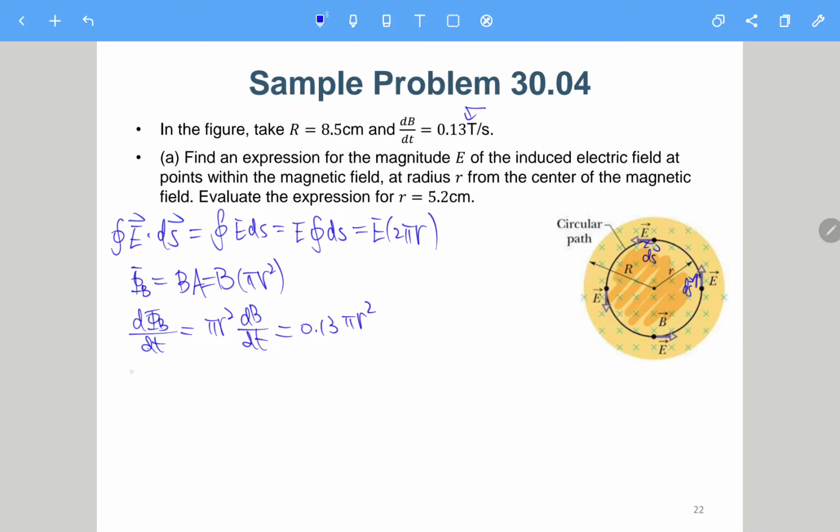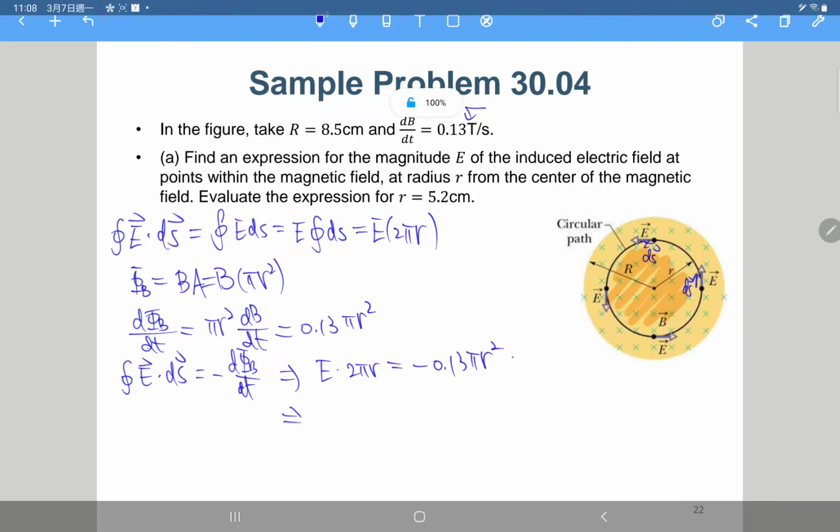Okay, so you can write out Faraday's law as the integral of E dot ds equals negative d phi B dt. We can plug this in on the left side. So we have E times 2 pi r equals negative 0.13 pi r squared.